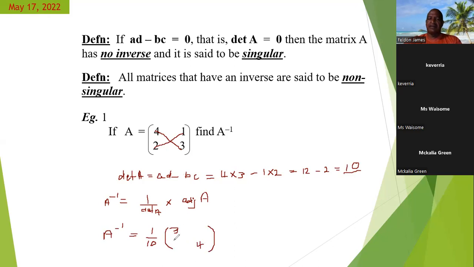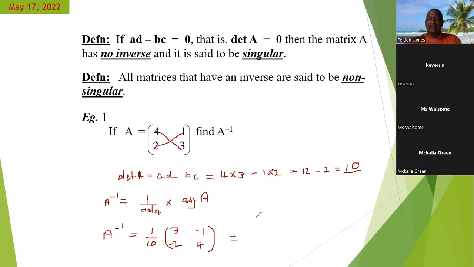Then I change the sign of the other two. So you have -2 and -1. All right, now you're multiplying this matrix by 1/10. Now if you're multiplying by a fraction, 1 over a number, it's the same as dividing by the denominator.